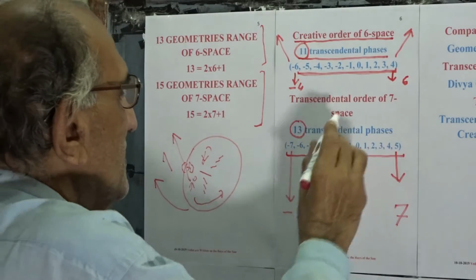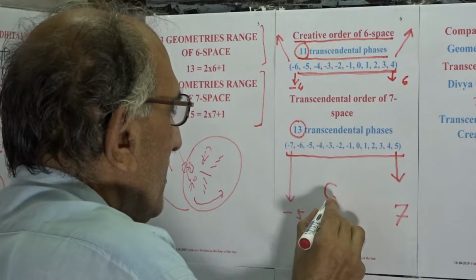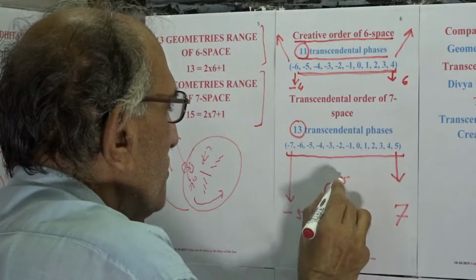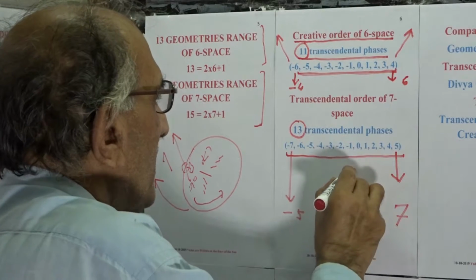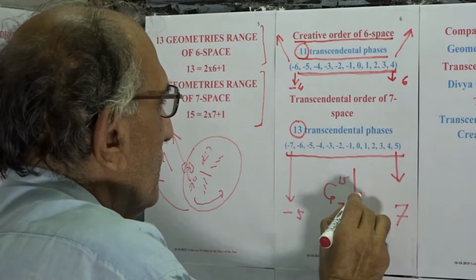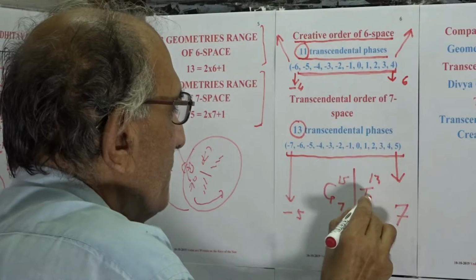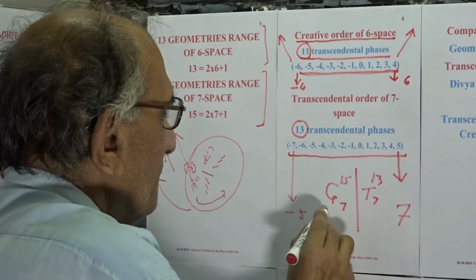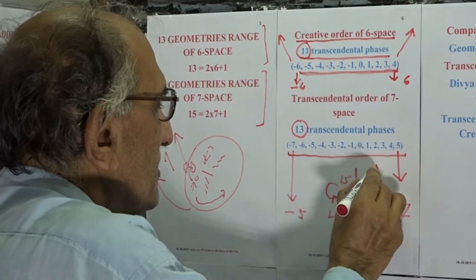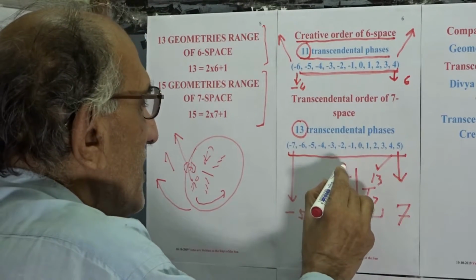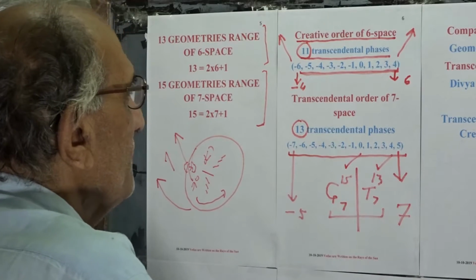You see, 7 space is having 15 geometries range, and it is creating transcendental phases 13. So 7 space is creating 13 transcendental phases, and it is creating 15 geometries.